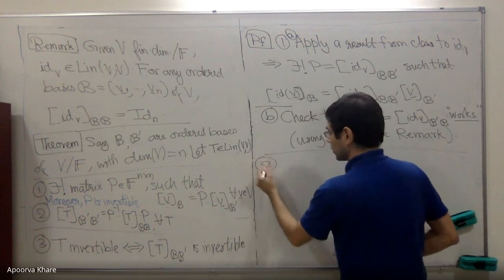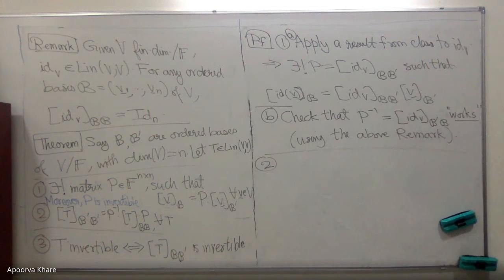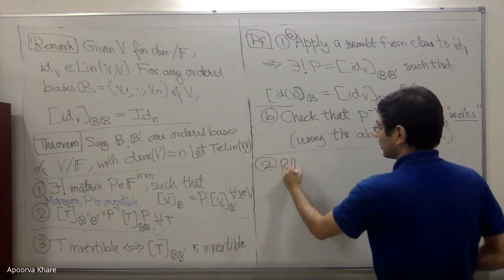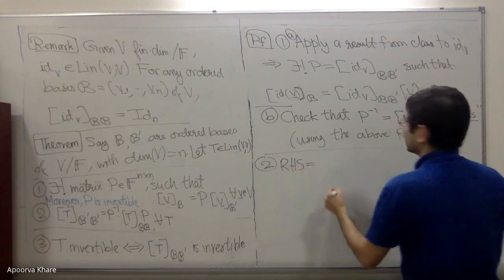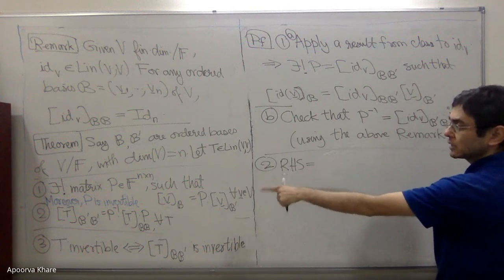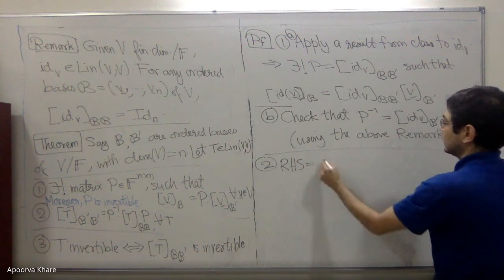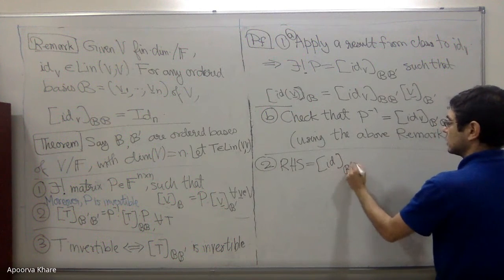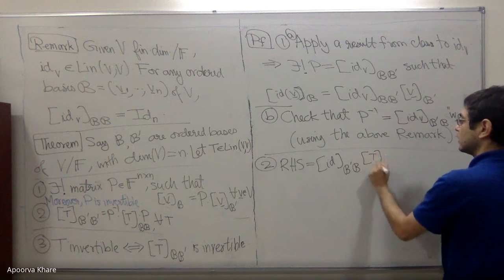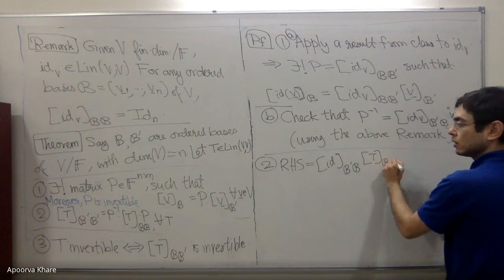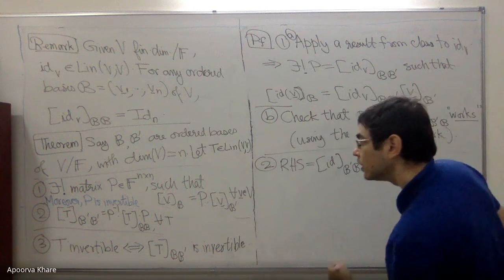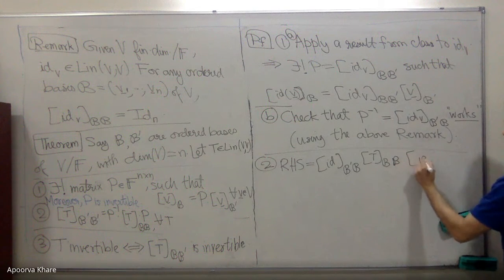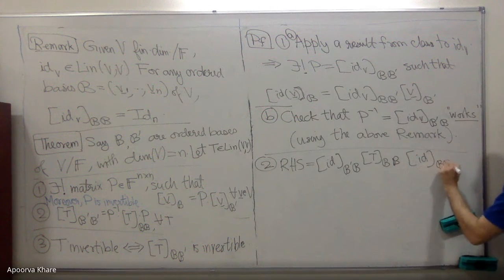Now I come to the proof of two, and now that's obvious. If I know the formula for P inverse, I can just start from the right hand side and calculate. This is P inverse, so identity B dash B, then T B B, and then P, identity B dash.